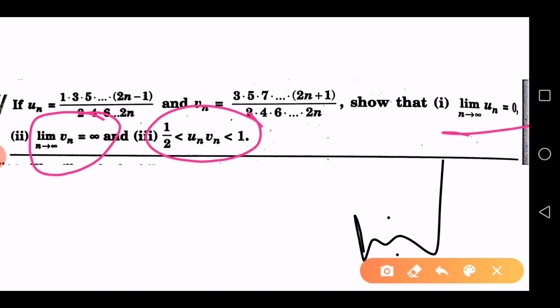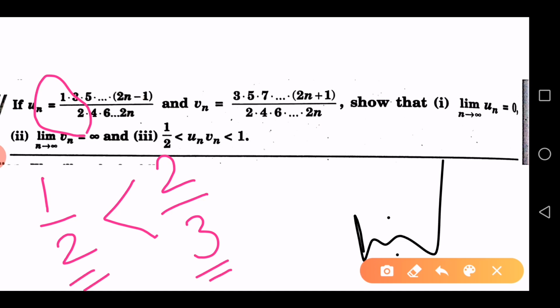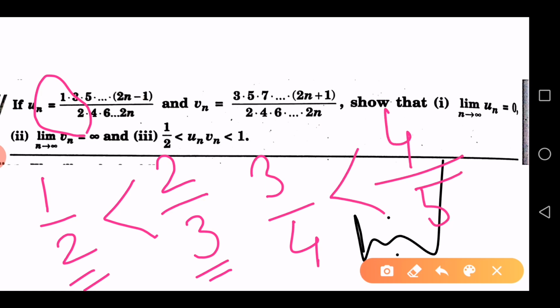Before starting the problem, we just want to mention two things. Number one, we know 1 by 2 is less than 2 by 3, as this is 0.5 and this is 0.67. Again, 3 by 4 is less than 4 by 5. In this way, we can proceed.